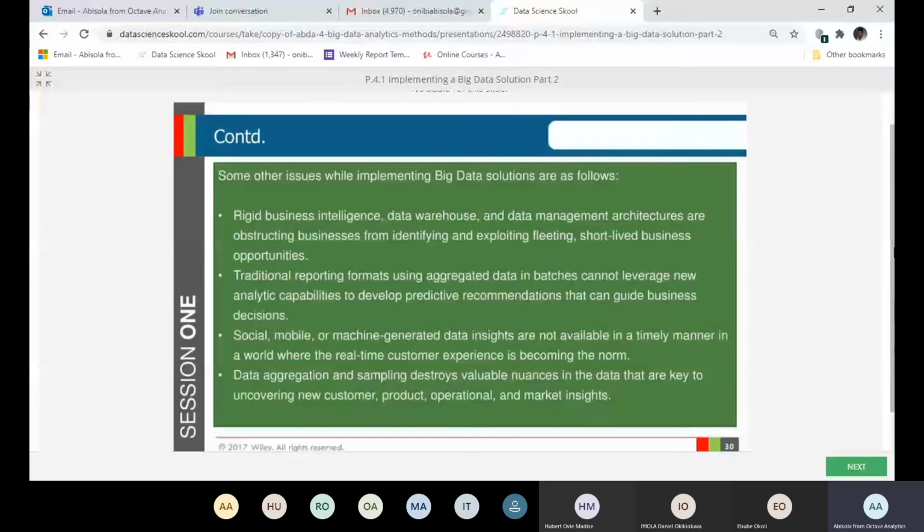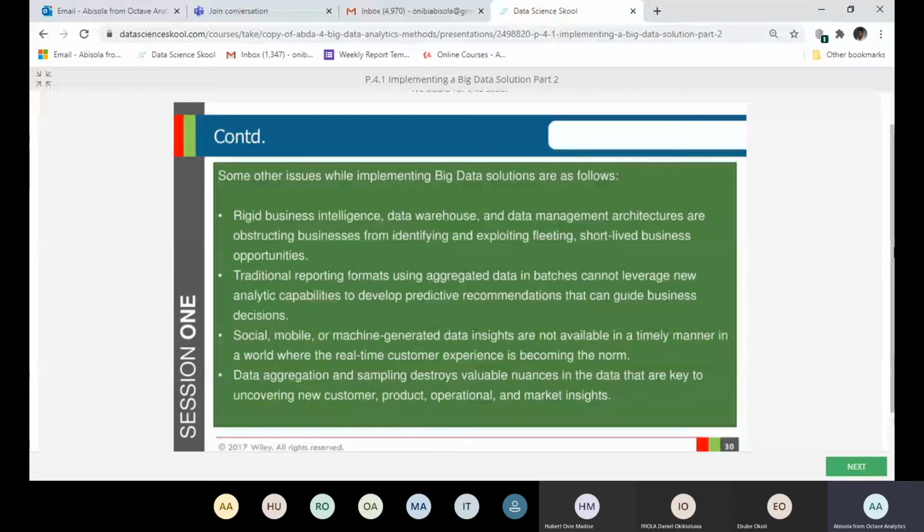So you are aggregating your data, sampling your data, cleaning the data. All of these outliers, what if they are pointing to something? What if they are showing you something in the data? Then you cut all of them off, and those insights that you needed to generate from those outliers, you cannot generate them. So that is another challenge we have with big data.